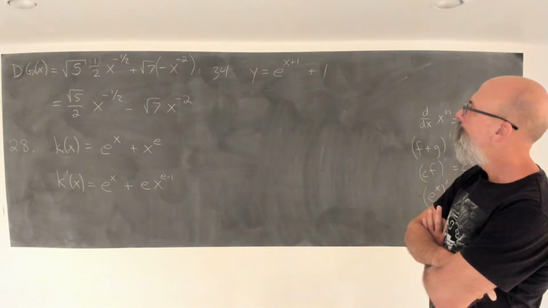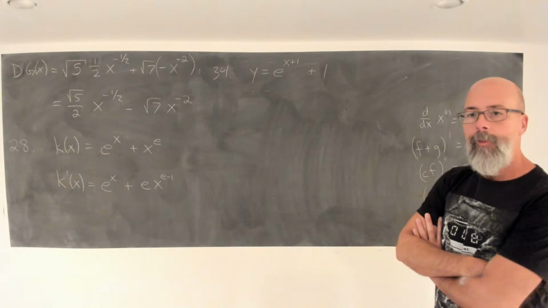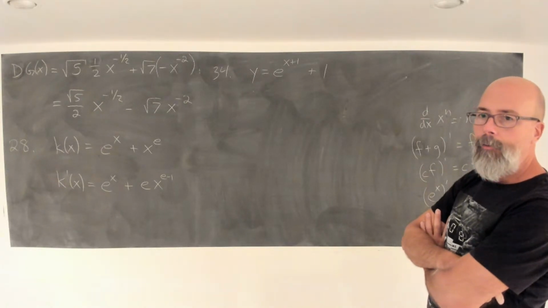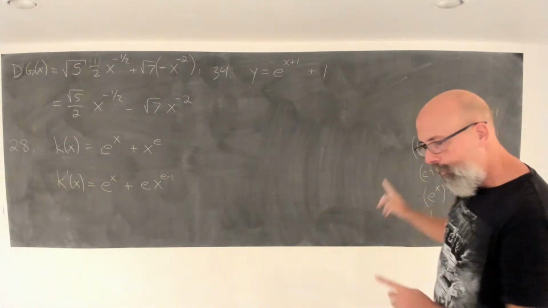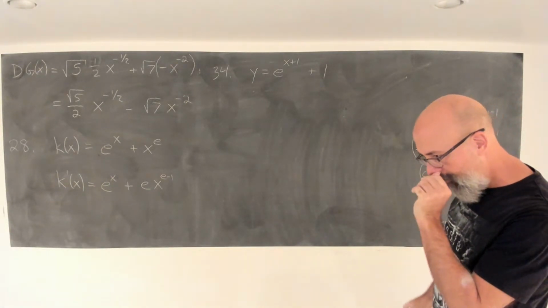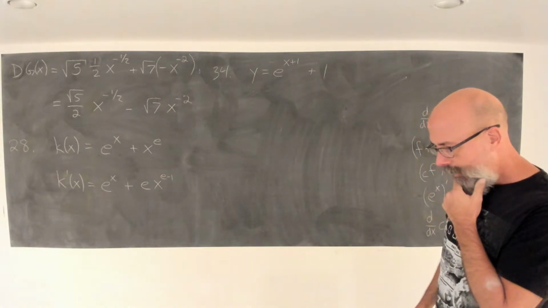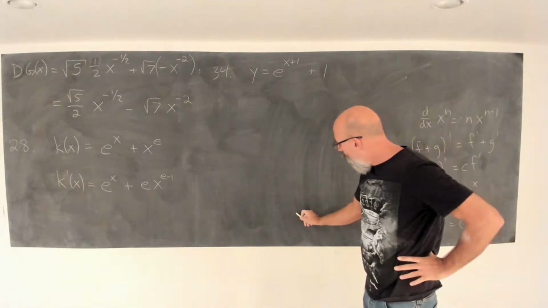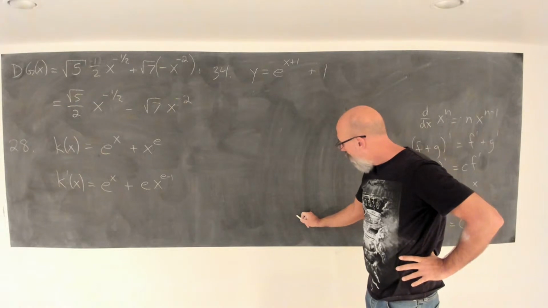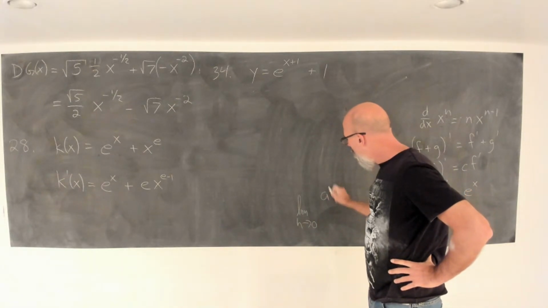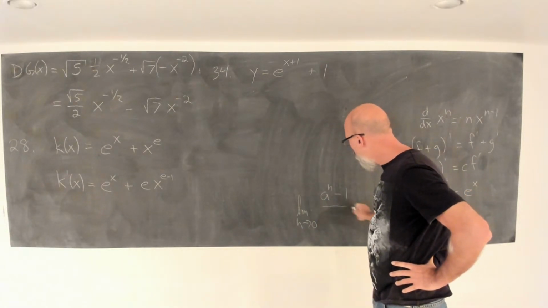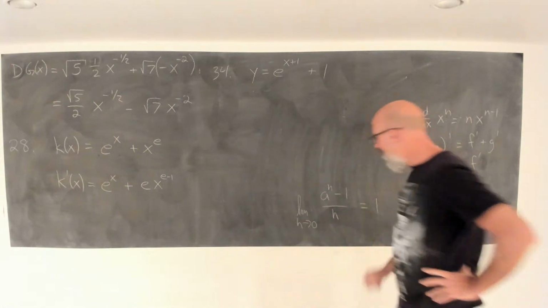Consider this. How was the number e invented? If you look back at the proof, we were looking for a value such that a to the h minus 1 over h is equal to 1.